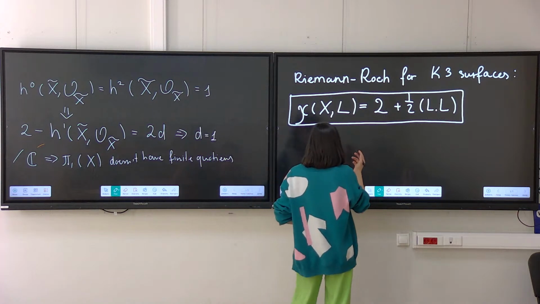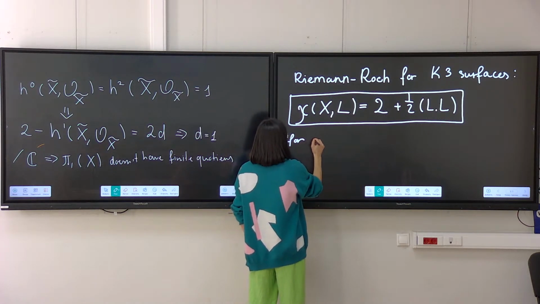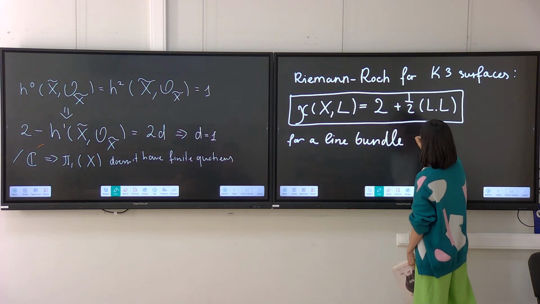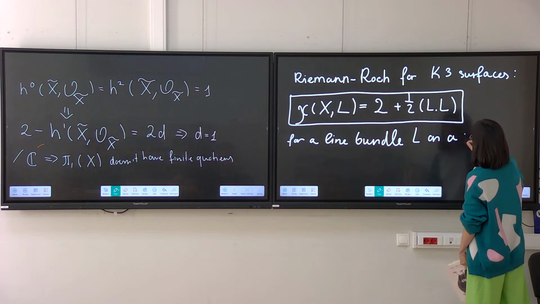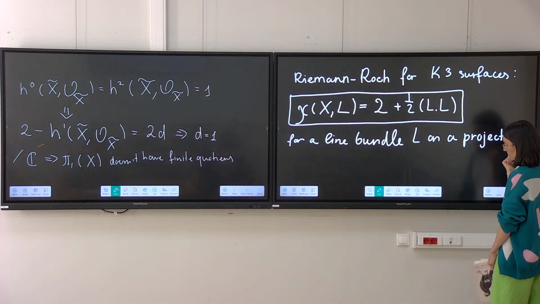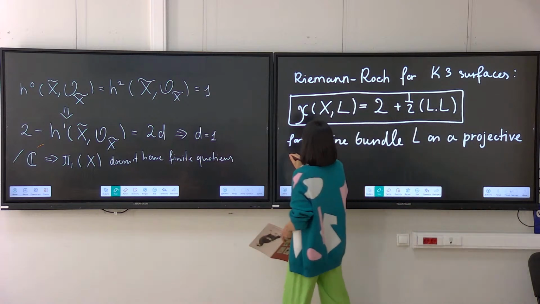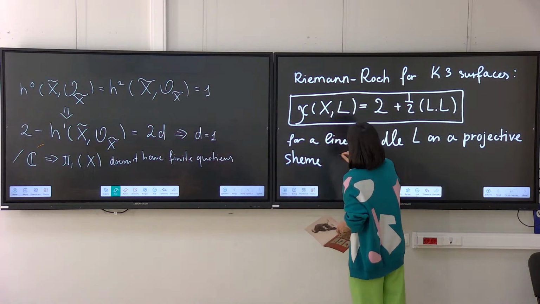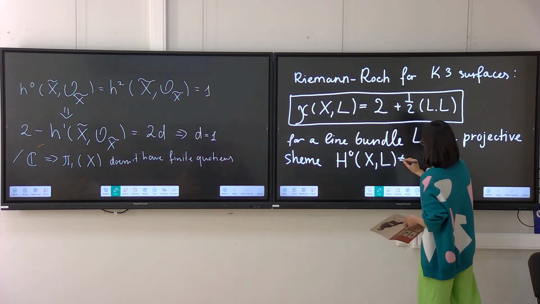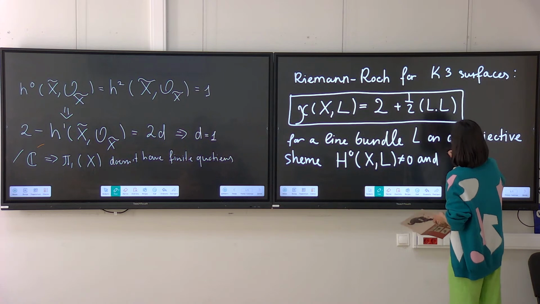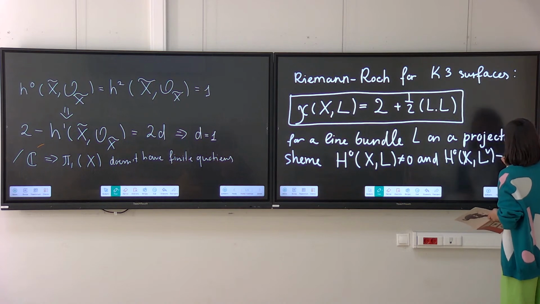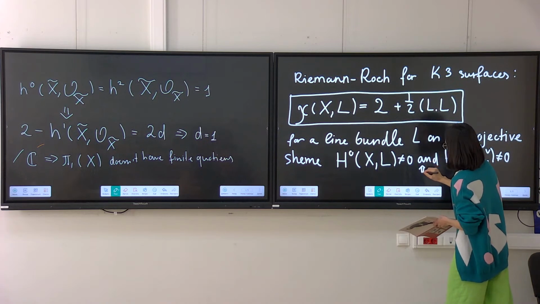So first of all, let me remind that for a line bundle L on a projective scheme, or in the analytic case just on a compact variety, H0 of X, L is non-trivial, and H0 of X, L dual is non-trivial if and only if what?